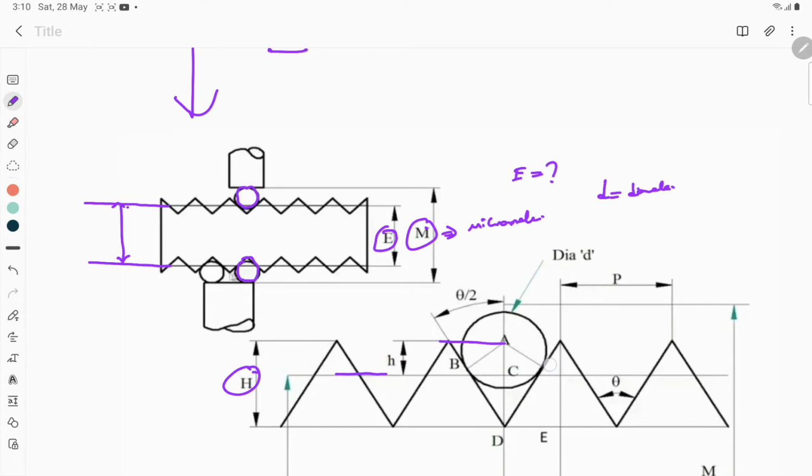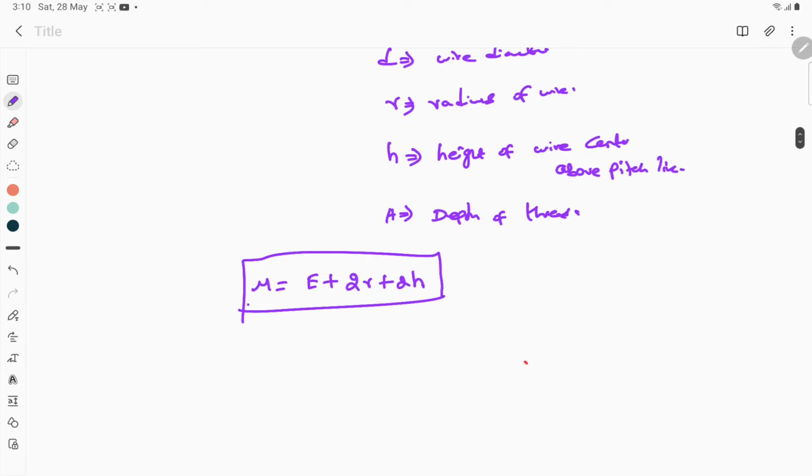That gives you the m value. We are interested in calculating E only, so it will be m minus 2r minus 2h. m can be found from the micrometer, r is the known value. If you know h, we can easily find the effective diameter.